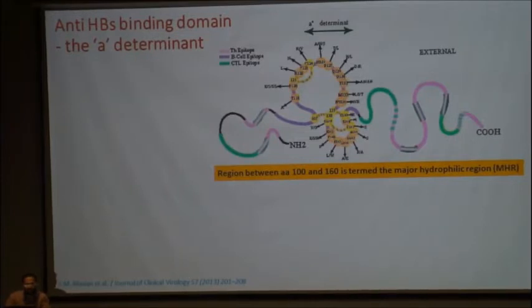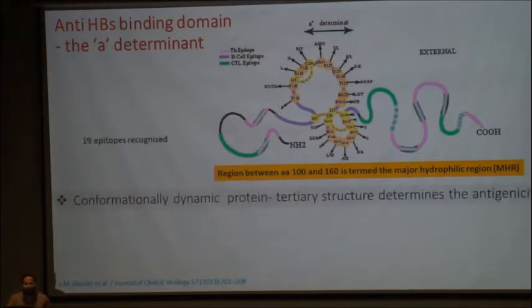Additionally, consider the anti-HBs binding domain, the A determinant, in this pictorial representation of HBsAg. HBsAg has at least 19 epitopes. Epitopes are the most immunologically active parts of the antigen. At least 19 epitopes have been identified on the HBsAg antigen, and the most common site where the anti-HBs binds is the A determinant, which spans 124 to 148 with loop 1 and loop 2.